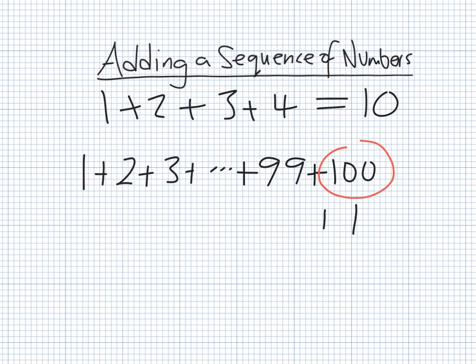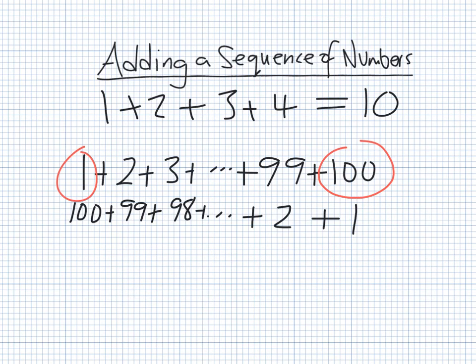And then I'm going to go plus, working towards the left, and under that 99 I'm going to write 2, plus 3, 4, 5, 6 and so on, until we get up to here, and at the end, if I go from the far end, over here with the 1, underneath that it's going to be 100, and under the 2 is going to be 99, and under the 3 is going to be 98, and so on. Okay, so all I've done is rewrite that top sum again, but backwards.